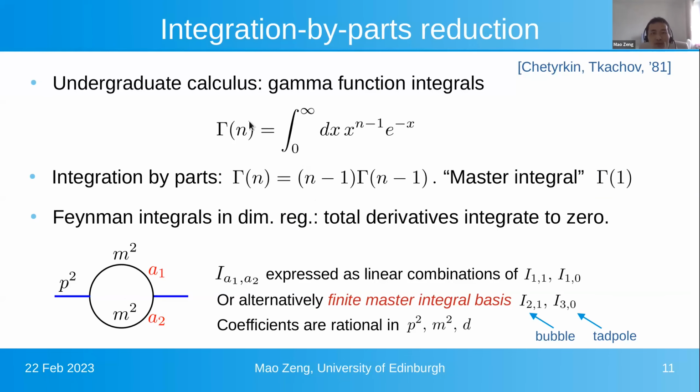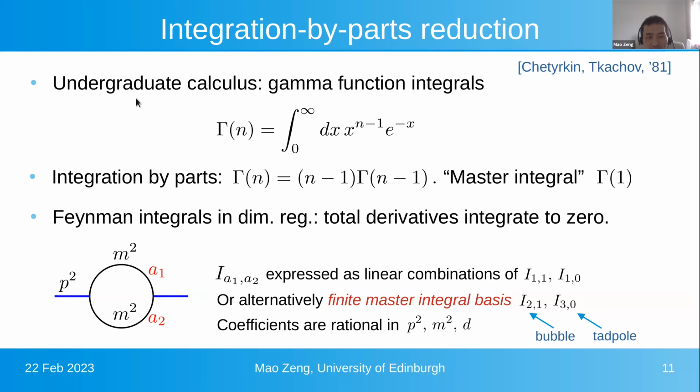So I'll first introduce the technique of integration by parts reduction to refine our very crude first statement that the integral is simply greater than 0. Integration by parts is well known in undergraduate calculus. For example, the gamma function integrals defined in this way.